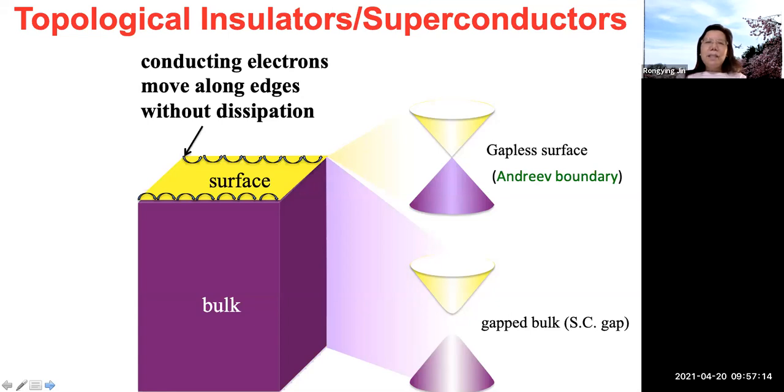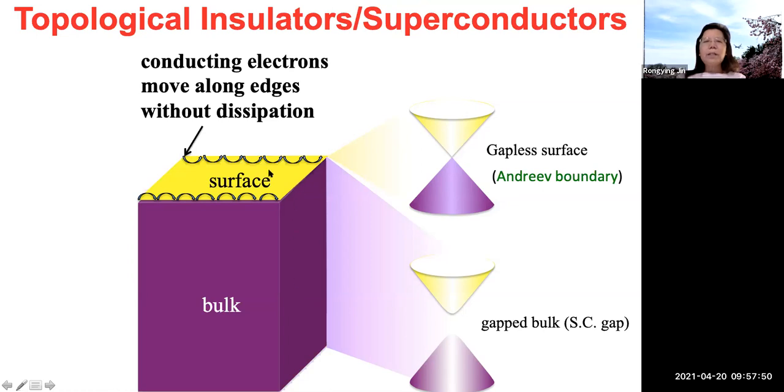Basically, the topological insulators and superconductors, I already touched base on these two types of materials, and they share common features. Number one, the bulk is gapped. For superconductors, of course, it's the superconducting gap. For insulators, it is the insulating gap. And the surface, which is represented by yellowish here, has no gap, regardless of whether it's a superconductor or insulator.